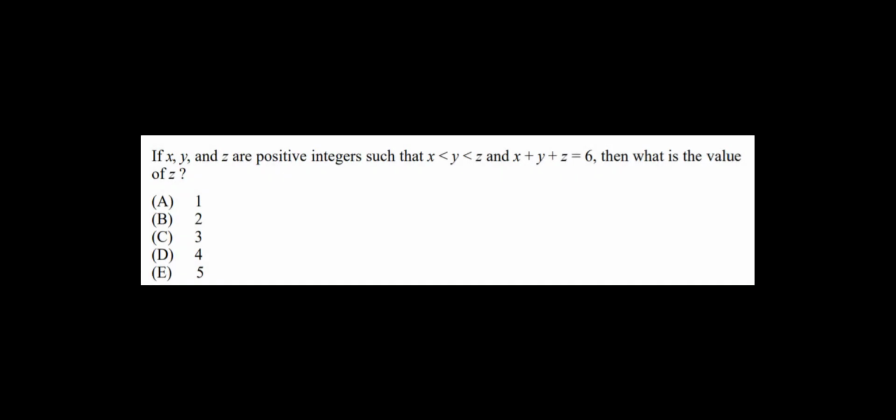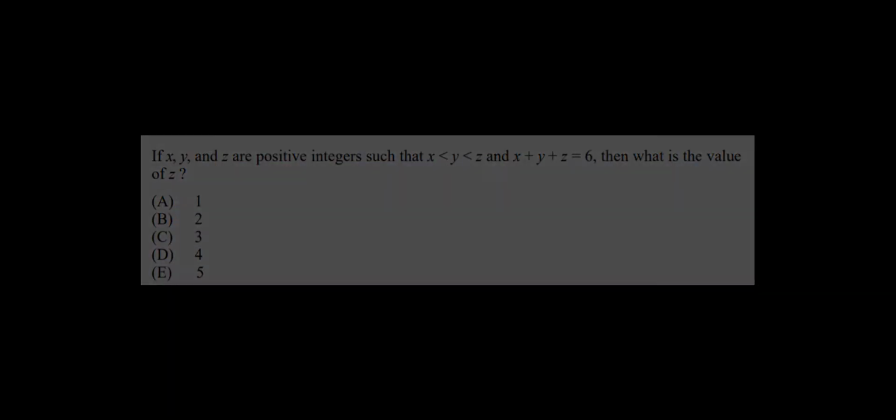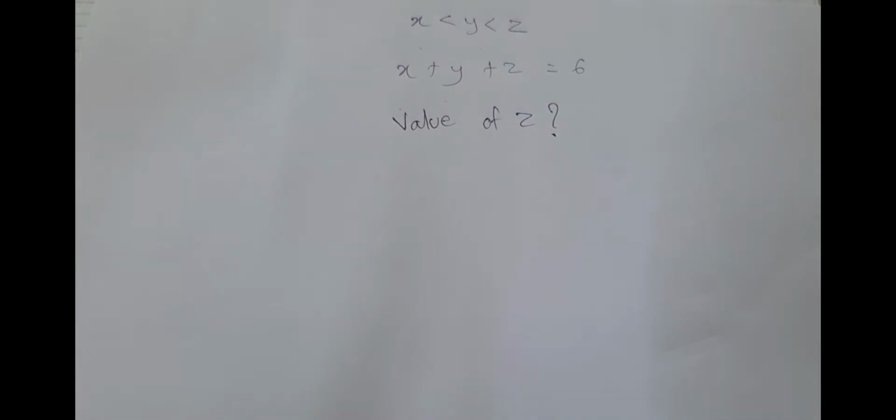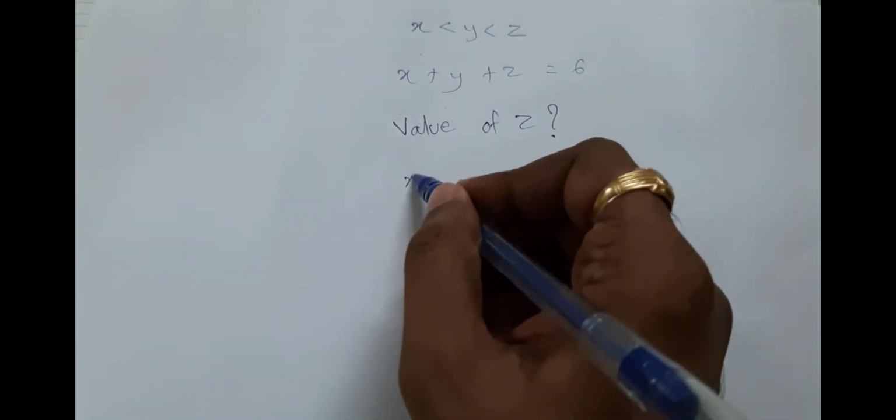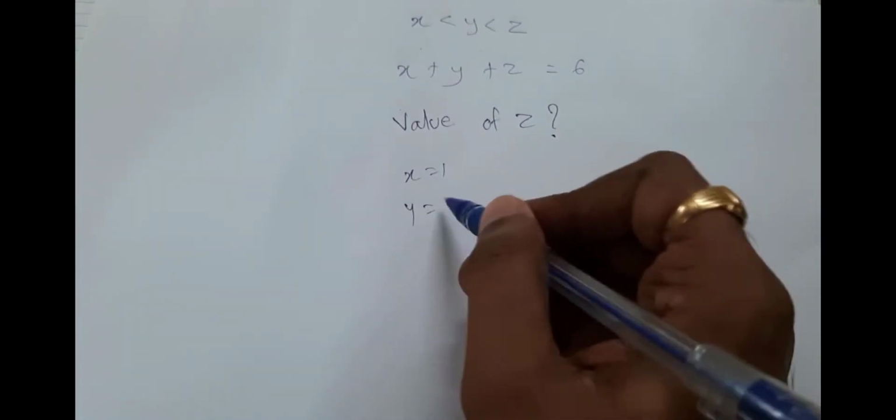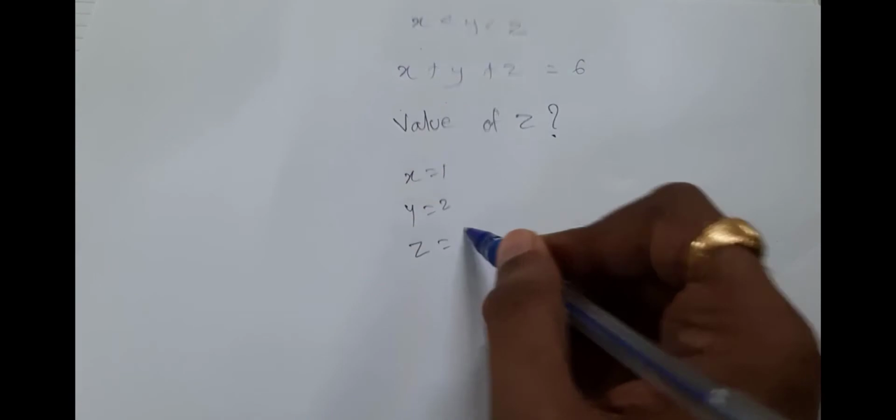In this one it is said that x, y, z are positive integers with the condition x less than y less than z, and they have given another condition that x plus y plus z is equal to 6. They have asked us to calculate the value of z. It's very easy if you just look over the problem, and since we are discussing substitution, let's substitute x equal to 1, y equal to 2, z equal to 3.